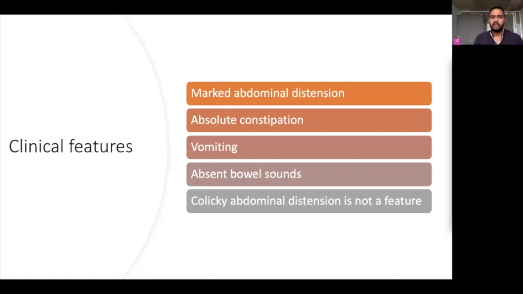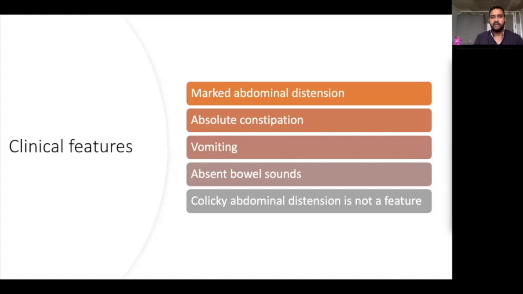Absolute constipation, another word for it is obstipation, O-B-S-T-I-P-A-T-I-O-N. Absolute constipation means there's no bowel opening and no flatus. And vomiting will be there because the bowel is markedly distended. Abdominal distension is very, very marked.